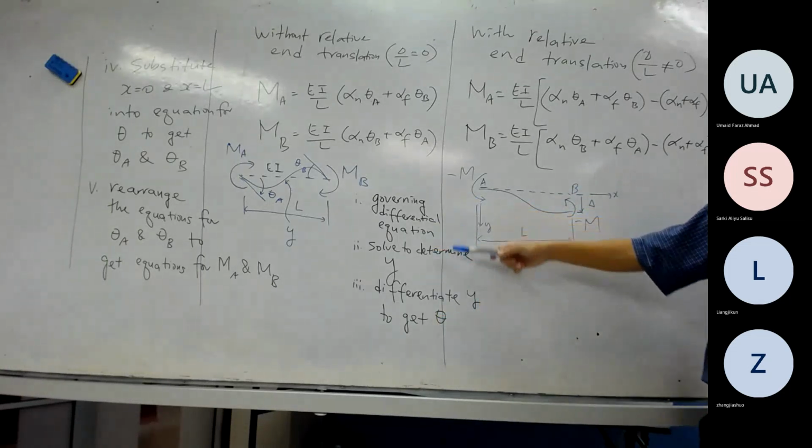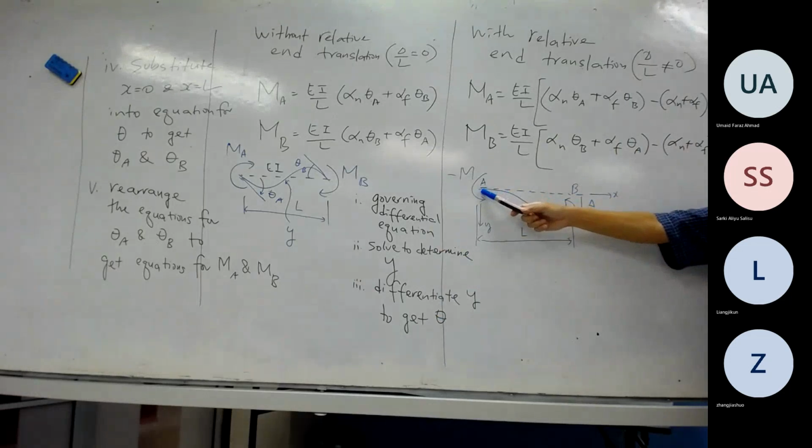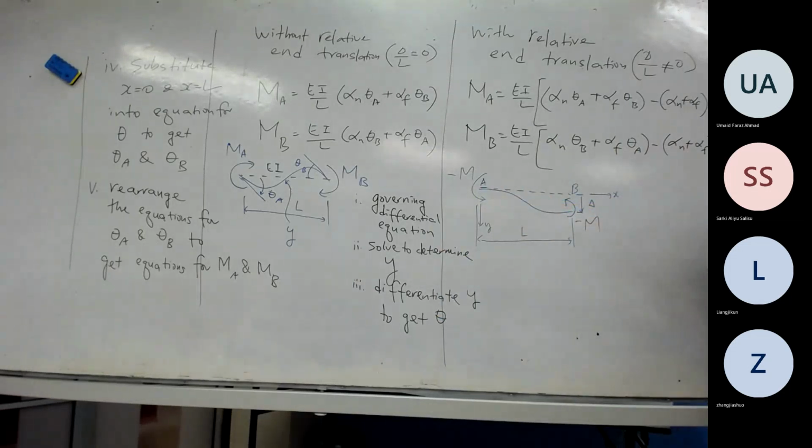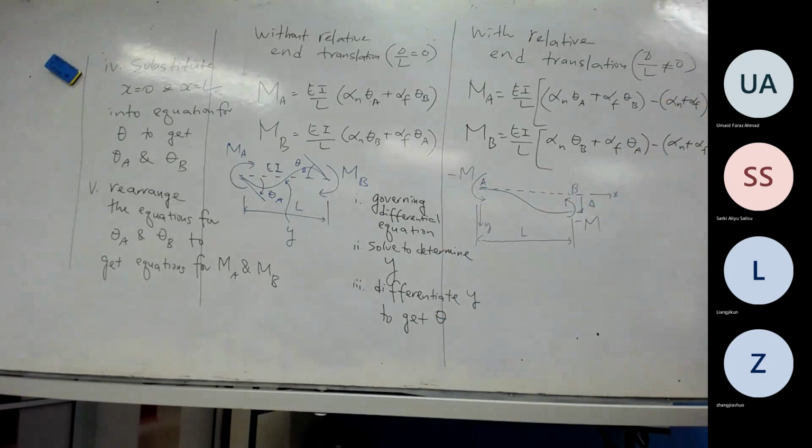So starting from here, again, we follow this process in order to get to these equations here. Because when we derive this, the end rotations are 0. We assume them to be 0. Only there is relative end translation. Here rotation 0, here rotation 0, and we will get these terms here.